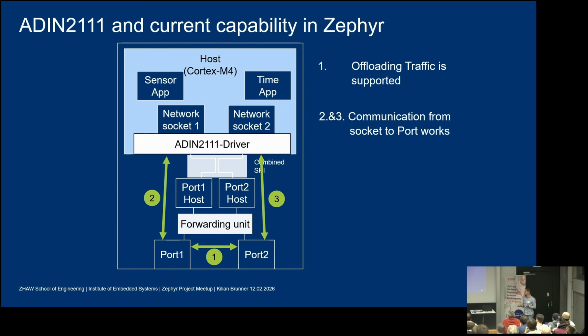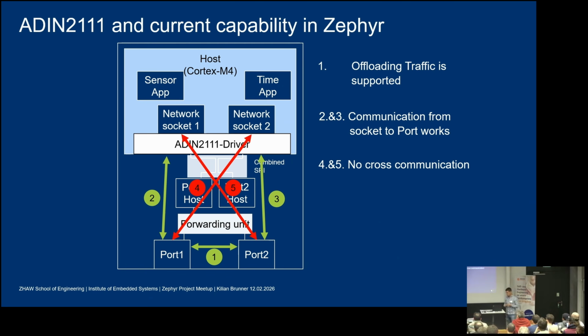That's very good. Then data from network socket 1 to port 1 can flow, and from network socket 2 to port 2 can also flow. But there is no, I say, cross communication. So data from network socket 1 cannot go to port 2. This is an issue we'll see later on.